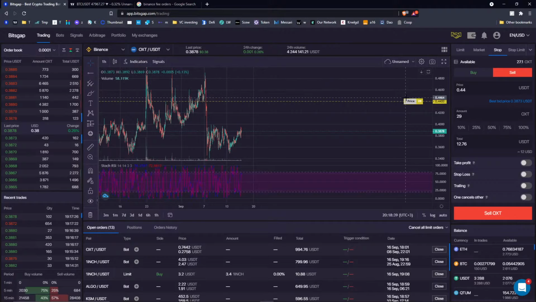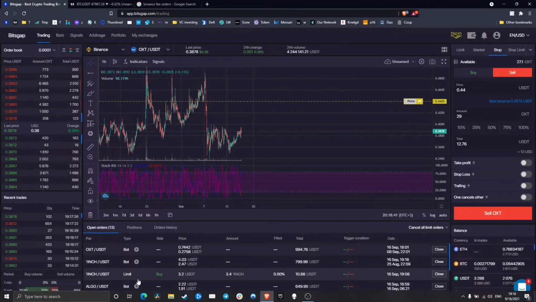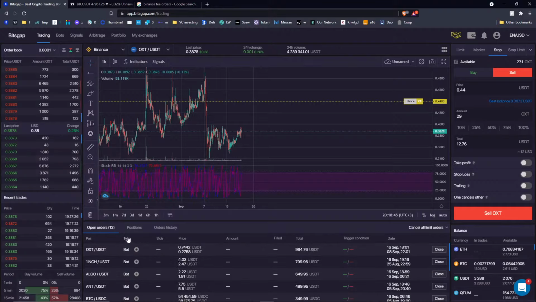The stop order is, honestly, my favorite one, I would say, because that's the order that you really need when you anticipate a certain price movement, like a crazy price movement, and you don't want to skip it.